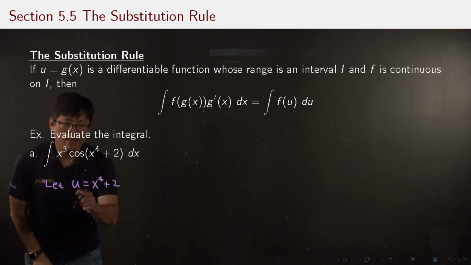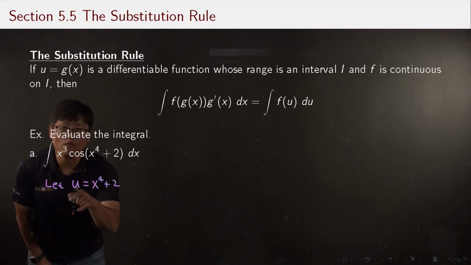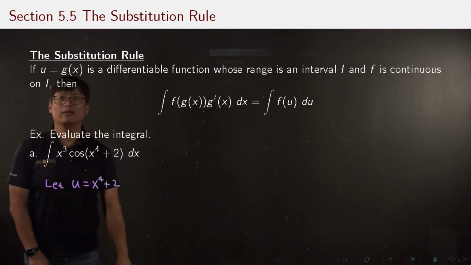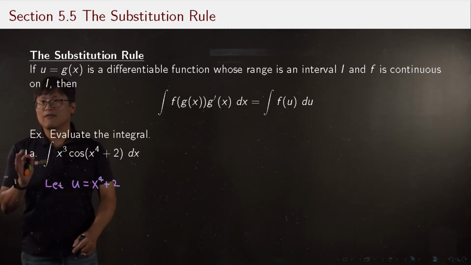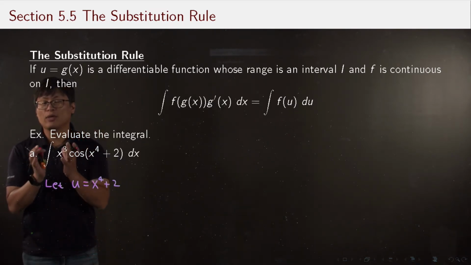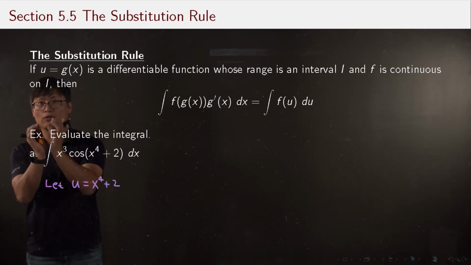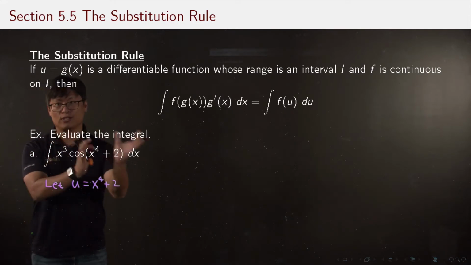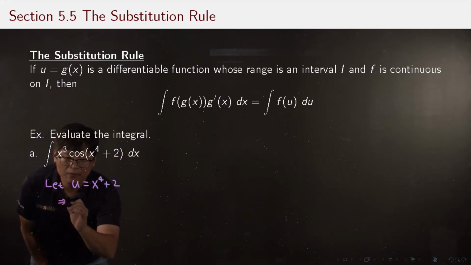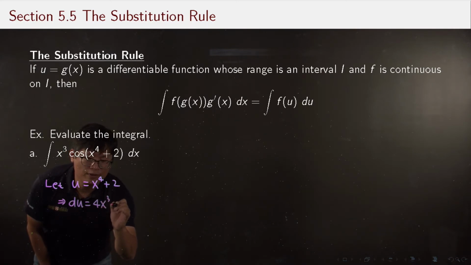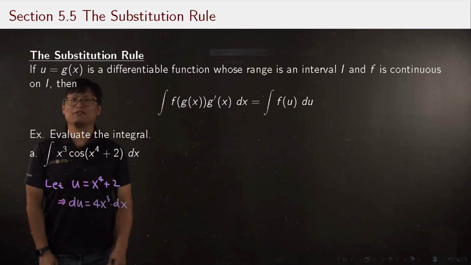Then your left-hand side will be du over dx, and the right-hand side will be 4x cubed, right? I believe you learned about differentials, so we can consider dx as one variable or one value. Then we can multiply dx on both sides. Then this can be written as du is equal to 4x cubed dx. Are you with me so far?